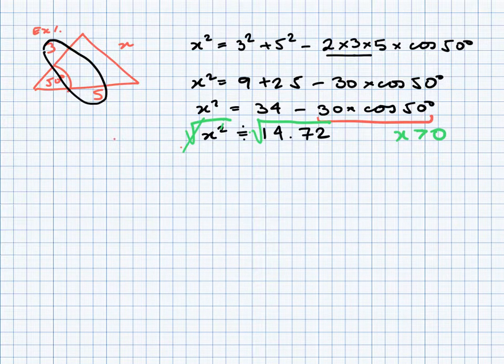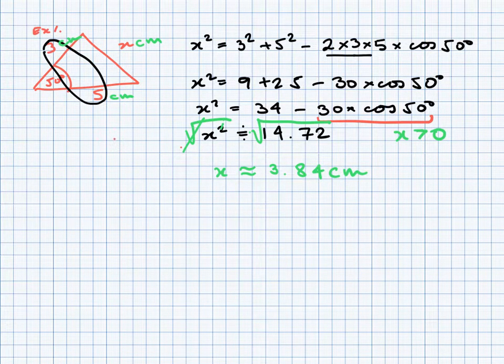Let's find the square root of 14.72. That gives us x approximately 3.84, I think, centimeters. I haven't labeled it here, so I can add centimeters.